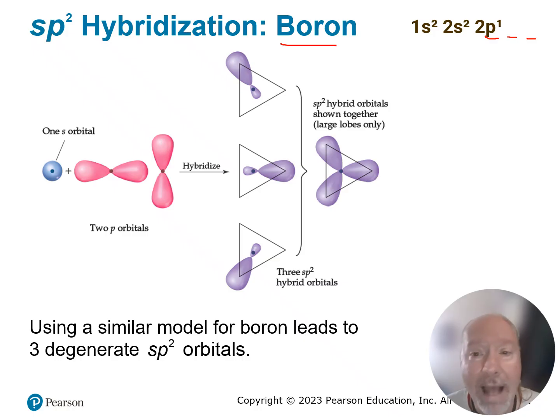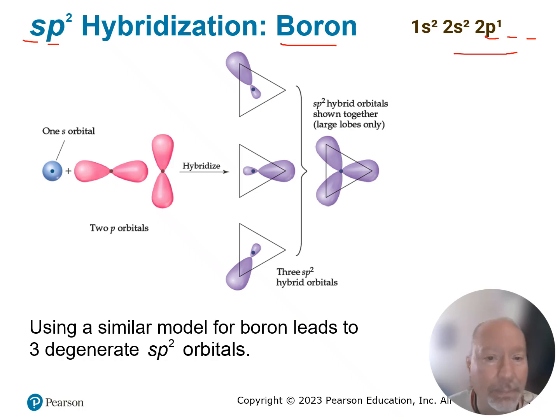And so what can happen is one of these electrons can kind of jump into here, and we can just have 3 orbitals of all the same energy. So we end up with an s, that's one of the orbitals, and then 2 p orbitals, and we end up with a hybridization of those atomic orbitals to produce this triangular, trigonal planar looking atomic orbital set.